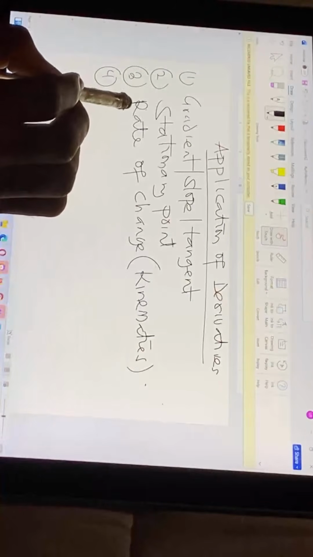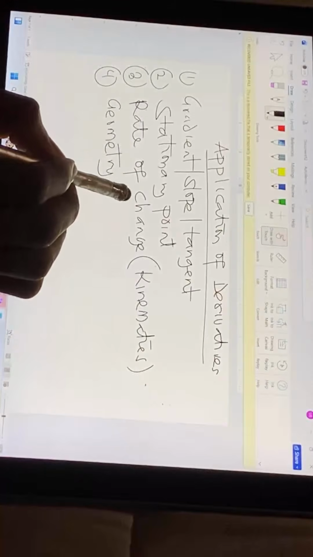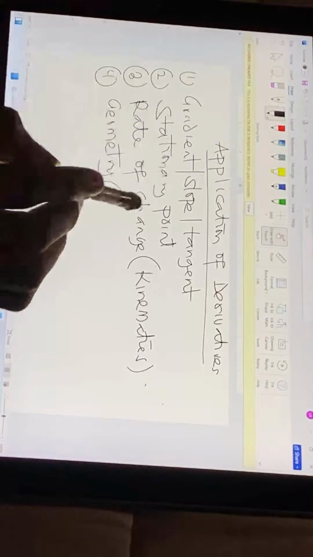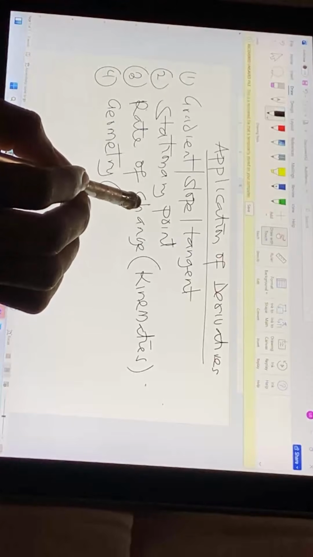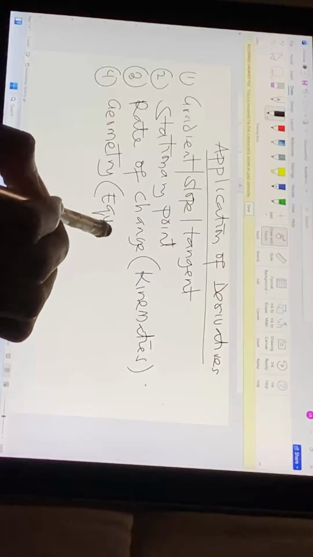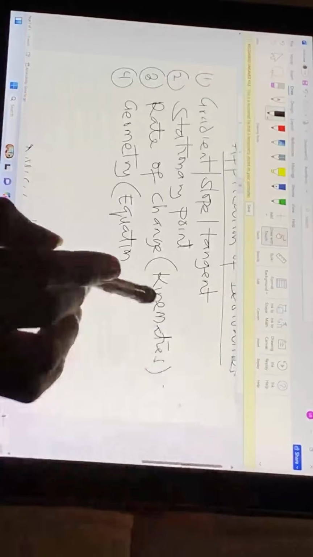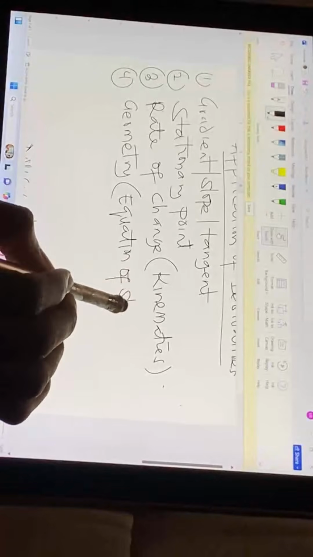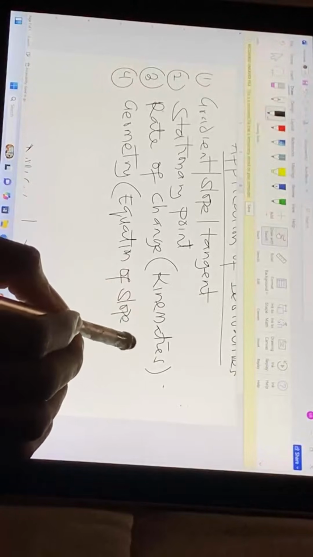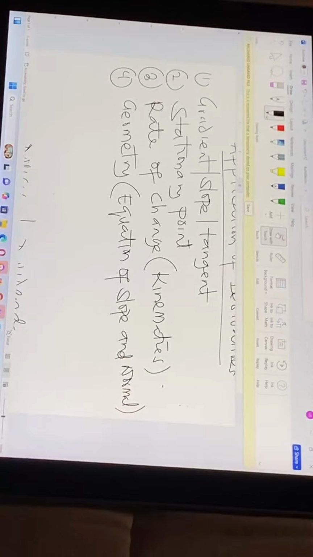The fourth here is under geometry, where you will have equation of slope and equation of normal. So in this video, we're gonna focus on these applications here. Please take notes. So let's take the first one here.